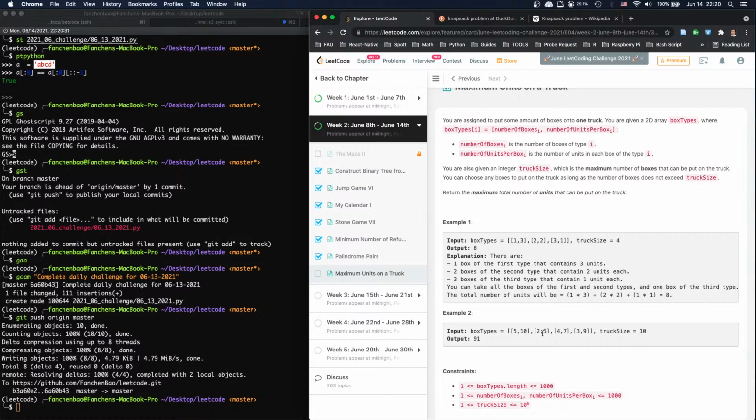Yeah, this is a bounded knapsack. Times 10 items, right?